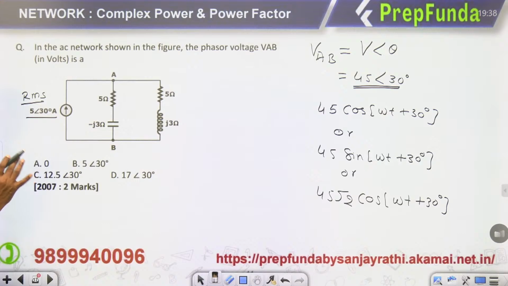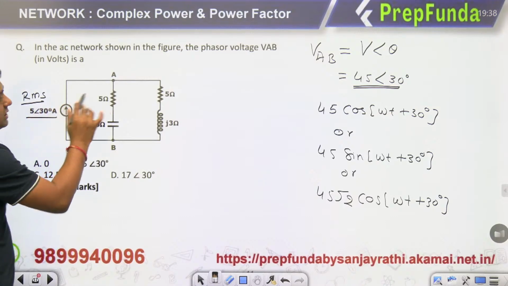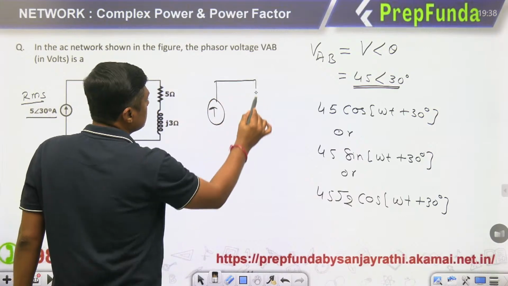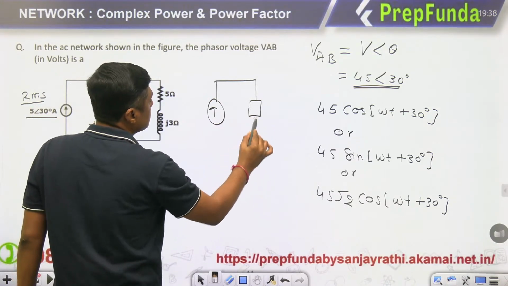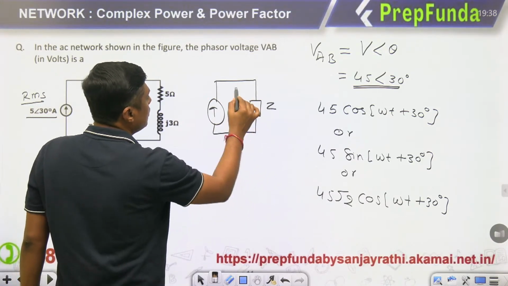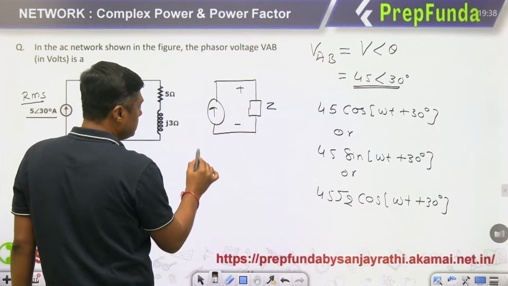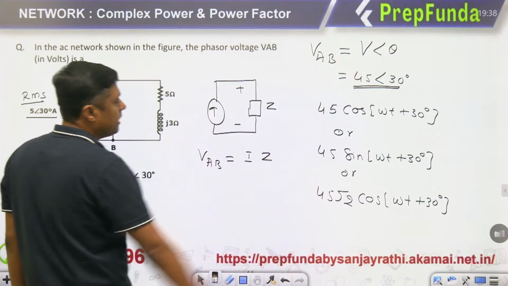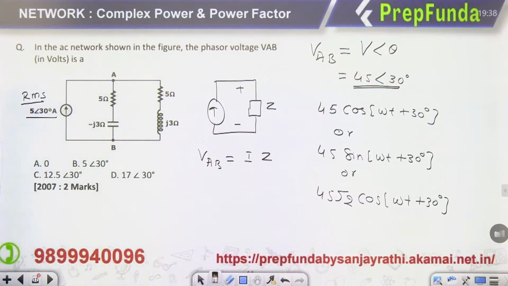Simply find the VAB. So how we can find the VAB? First, this is the current and this is the total impedance. So what is the VAB? Phasor VAB will become current multiplied by impedance, IZ.